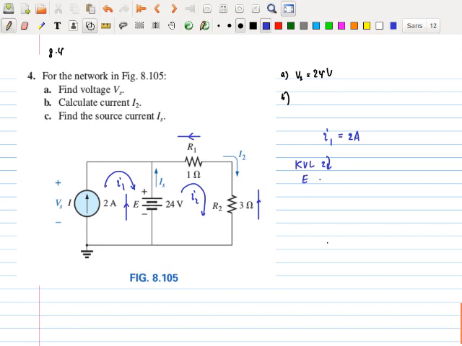I have E minus I2 R1 minus I2 R2 equal to 0. That is the second equation. Then I2 is equal to E over R1 plus R2, which is 24 over 1 plus 3, which is 24 over 4, that is 6 amperes. Isn't that brilliant? I don't have to apply a Kirchhoff voltage law to the second loop.